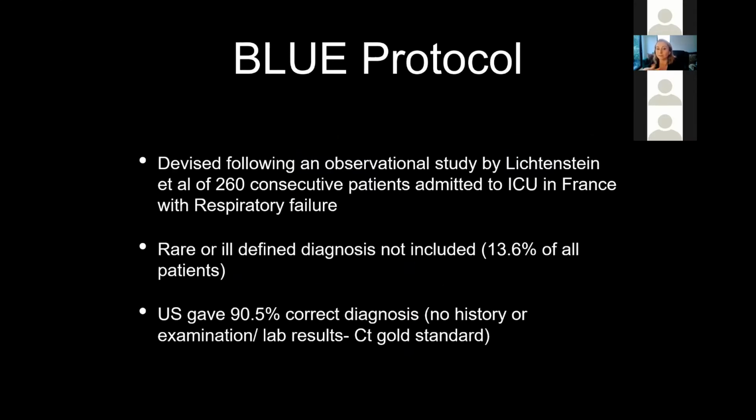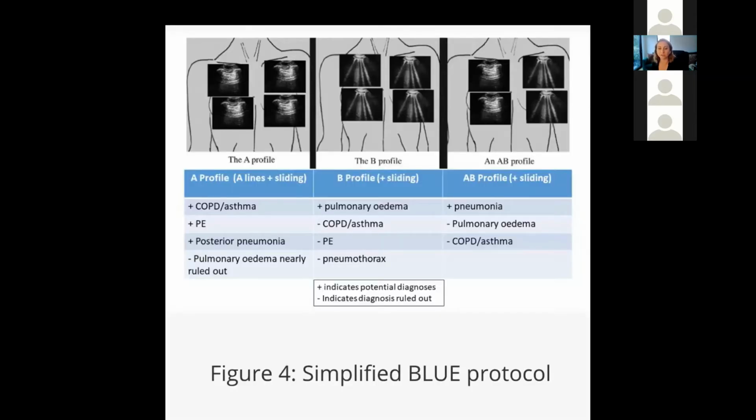But given that they had about 90.5% correct diagnosis, and that most of the time they're using CT as a gold standard there, so pretty good results, and that's why it's been adopted by critical care and famous as a good protocol to use, and it's quite nice and easy to do as it's mostly anterior. So this is just an abridged version that famous has suggested if you don't like flowcharts.